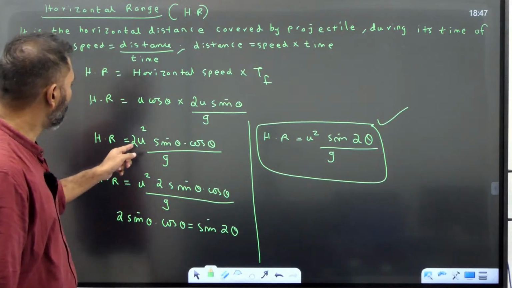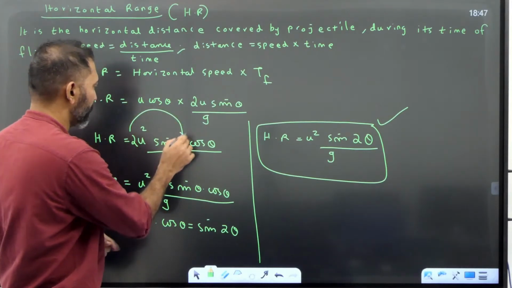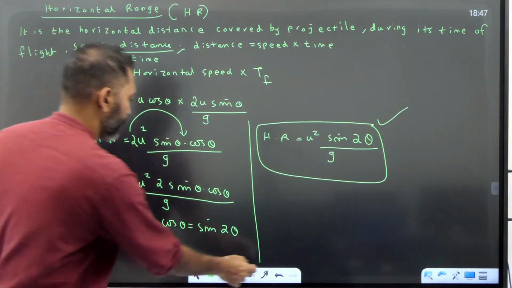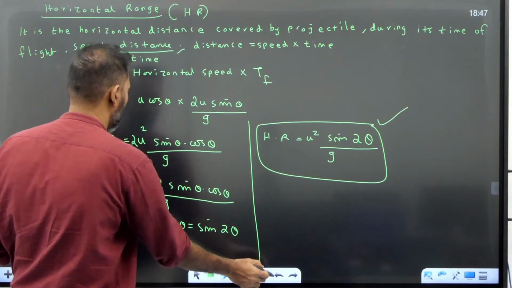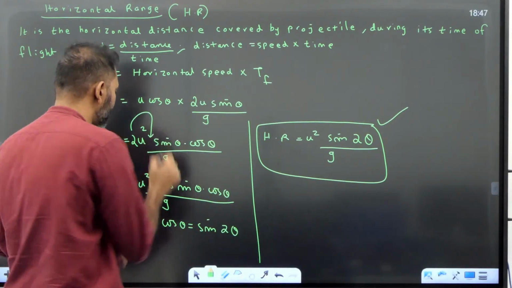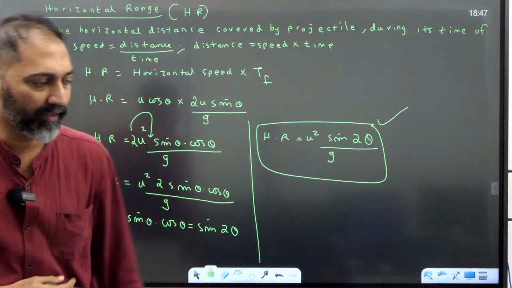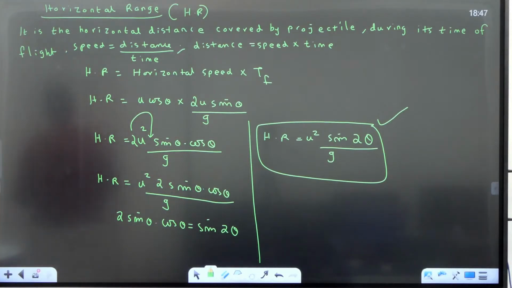This is the equation for horizontal range. Here what I am doing, I am taking this 2 inside, so it becomes u square 2 sin theta cos theta. Now 2 sin theta cos theta is sin 2 theta.